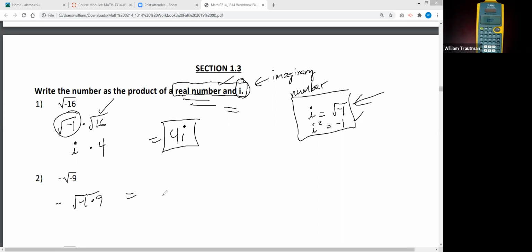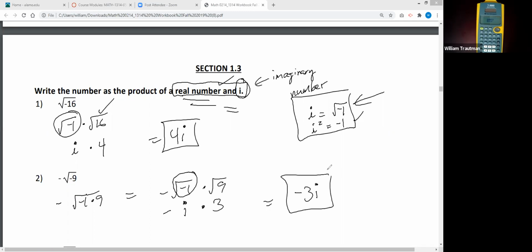So I'm going to change this again: negative square root of -1 times the square root of 9. Just going to break it apart. We know this equals i. And the square root of 9, if you're not sure about that, put it in your calculator, equals 3. And there's a negative in front. So the final answer is -3i. You put the number in front of the letter always.